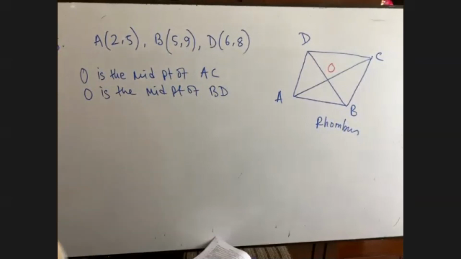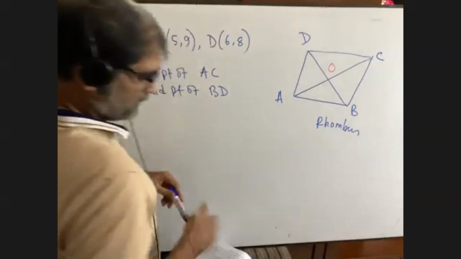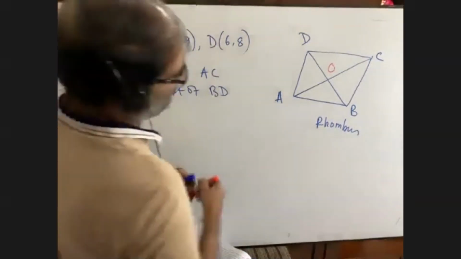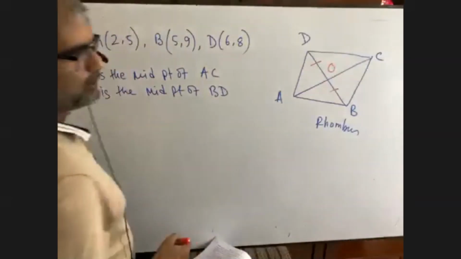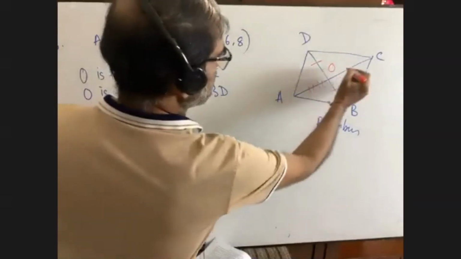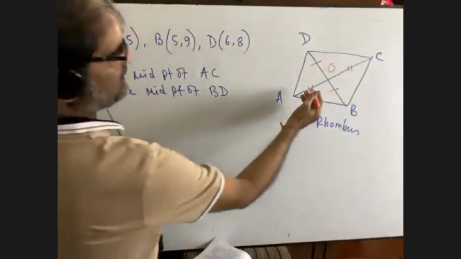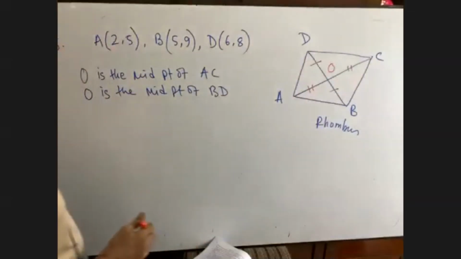Yes, sir. Okay, just wait. We know these and these are equal. We also know these and these are equal. That means O is the midpoint of AC, O is the midpoint of BD.